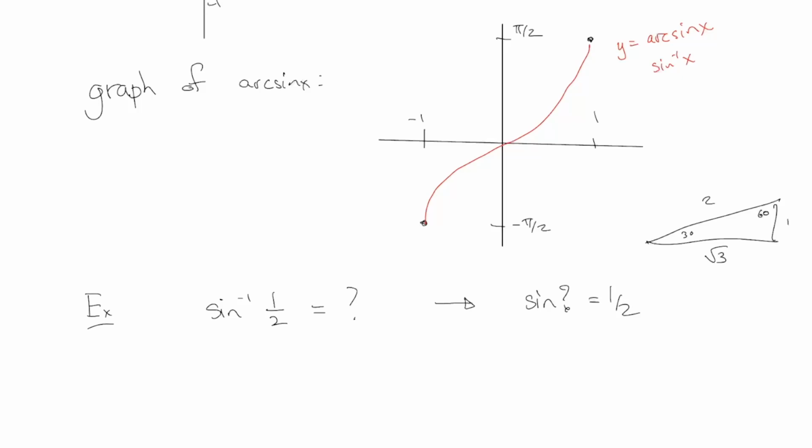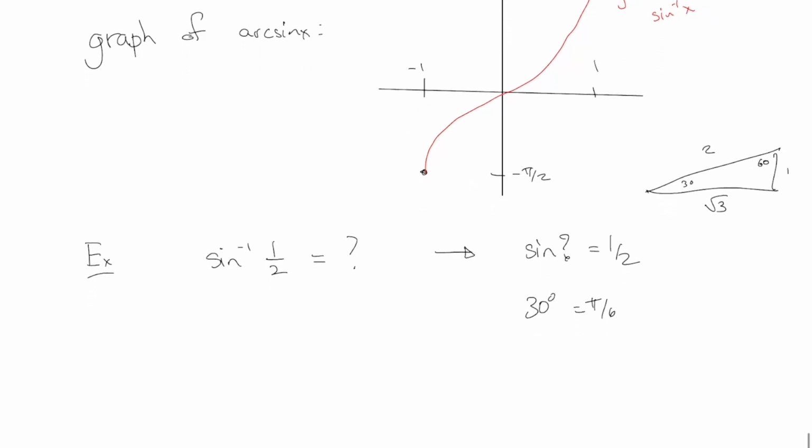Well, it's the 30, because the opposite over the hypotenuse is 1/2 in this case. So the answer here is 30 degrees, also known as pi over 6 radians. I'm always going to write this in terms of radians, because that's the kind of guy I am. So that means inverse sine of 1/2 is pi over 6, right?